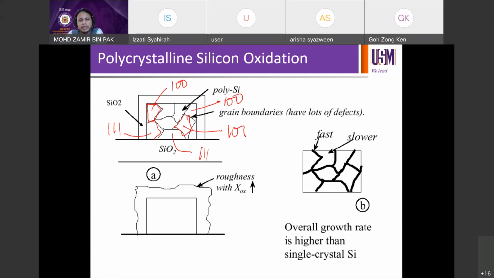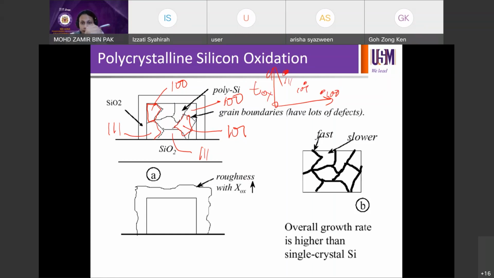We learned that when you talk about the growth rate or oxide thickness against orientation, 111 is the highest, followed by 101, followed by 100, in terms of oxide thickness for different crystalline orientations in the same thermal oxidation process.